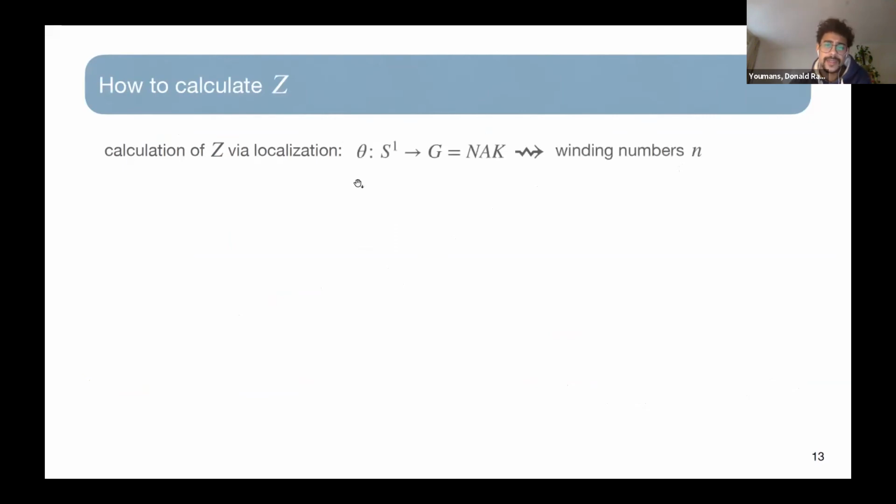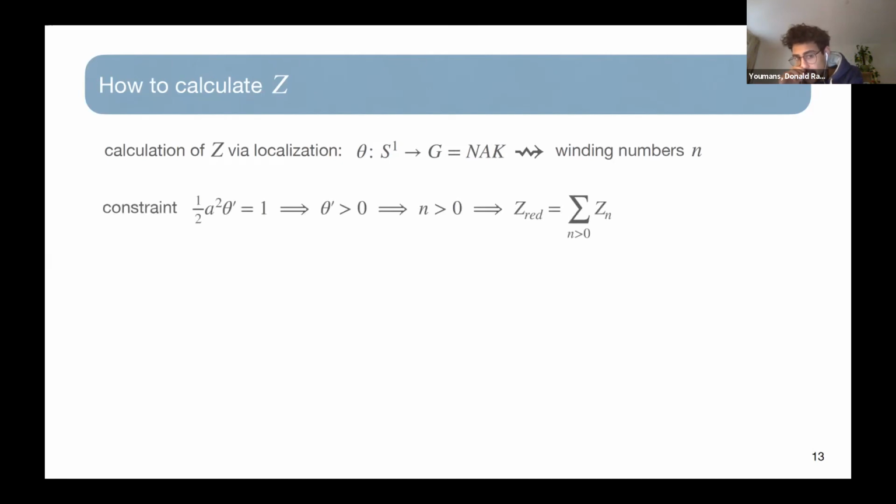One subtlety is that this theta was actually a map from S1 into K, so it should be just into S1. So this is a typo, so it should be just a map from S1 to S1, I'm sorry. So it means that it has winding numbers. And the constraint basically says that theta dash is positive, giving us that the winding numbers should be positive as well.